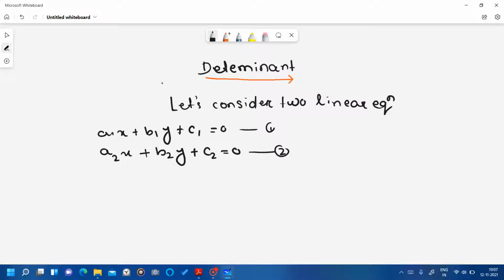Both are linear equations. Now we have to find the value of x.